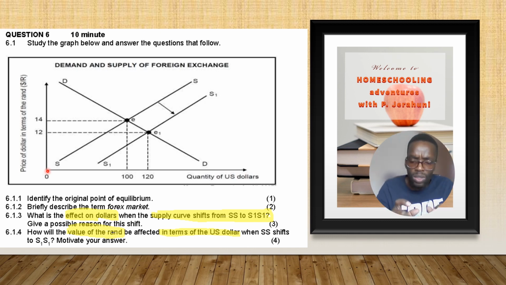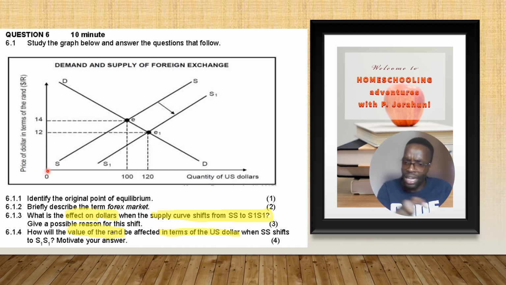Okay, so this is what learners were supposed to have said. Maybe someone could have said we now need fewer rands to get a dollar, or someone could have said there is an increased supply of dollars.